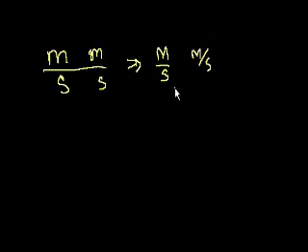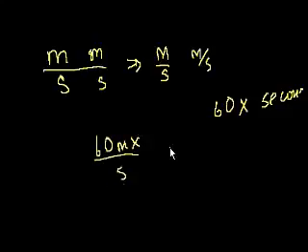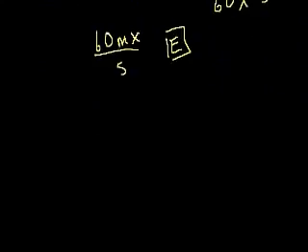How many meters does the cyclist travel in x minutes, which is 60x seconds? So you multiply the rate times the time, and you get 60mx over s, which is choice E. And it saved me that my original answer wasn't anywhere in the choices.